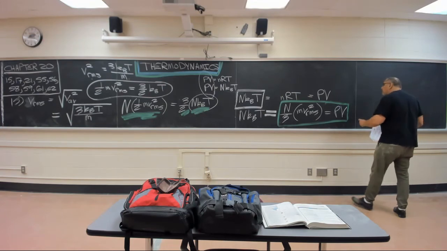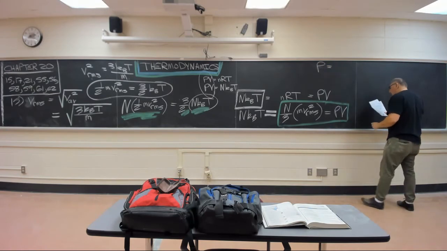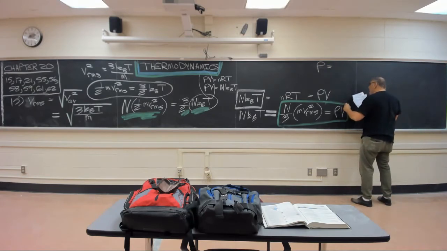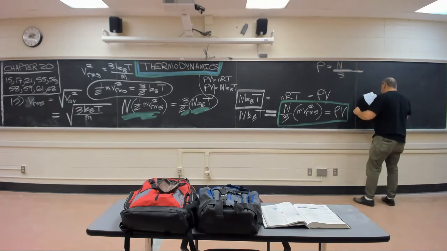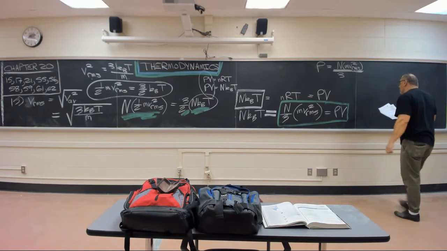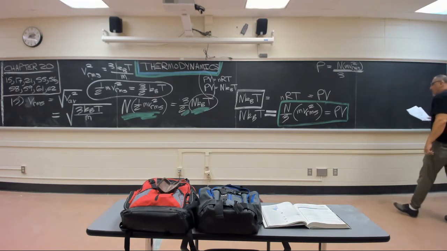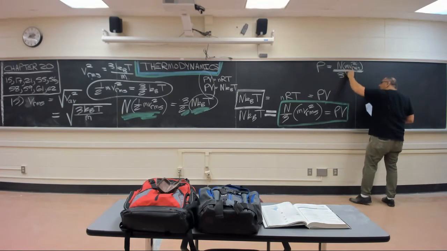The pressure is going to equal N over 3 times M VRMS squared, true, divided by V. You had PV, PV here was equal to that, but if you divide by V on each side, bam.